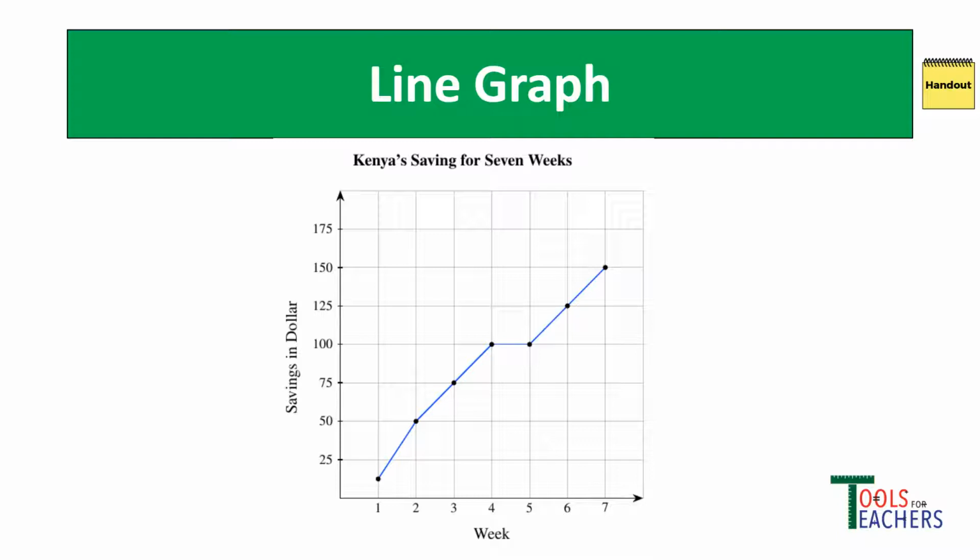Let's use our data to make a graph. When we graph something that changes over time, we record the data on a coordinate system. We call this a line graph.